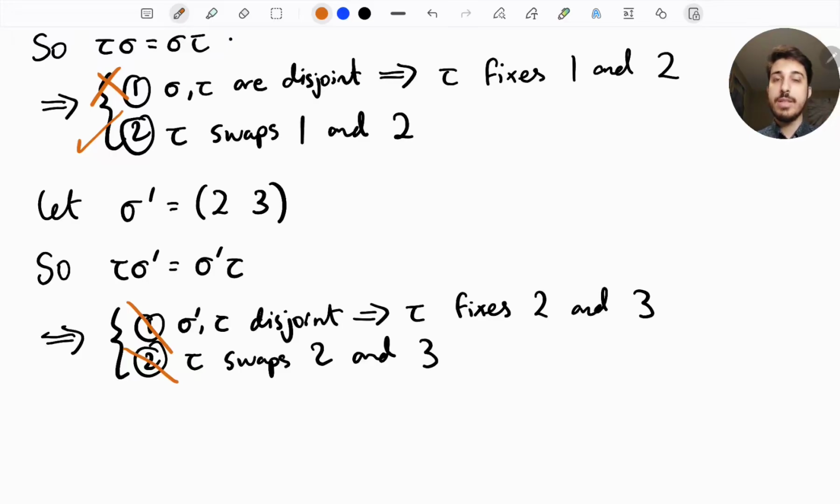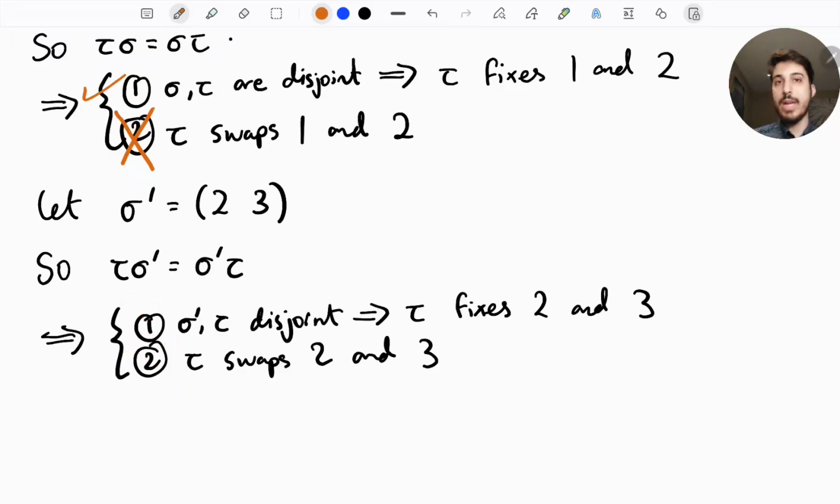So this leads to a contradiction which we arrived at assuming that tau swaps 1 and 2, which means that this forces us to say that is not the case. And the other has to be the correct case.